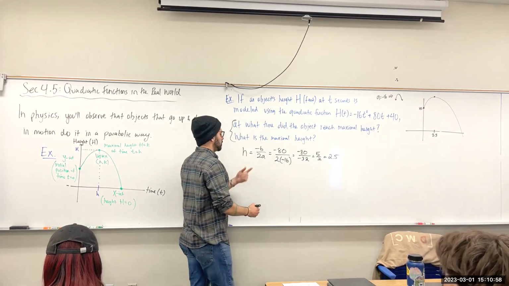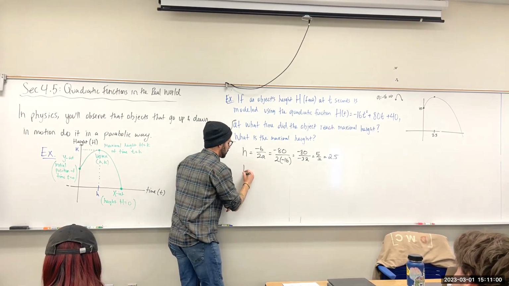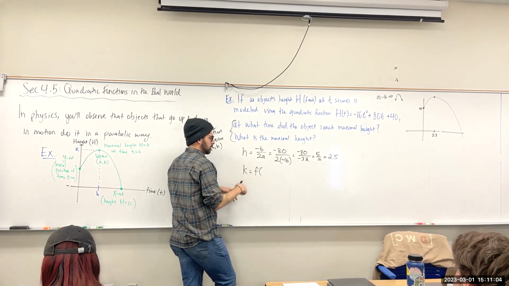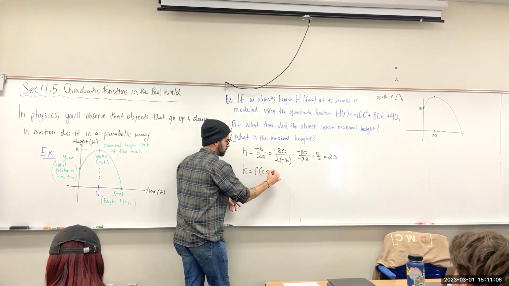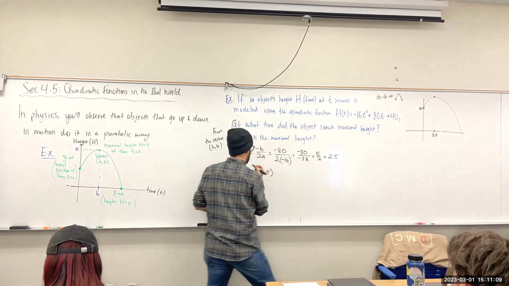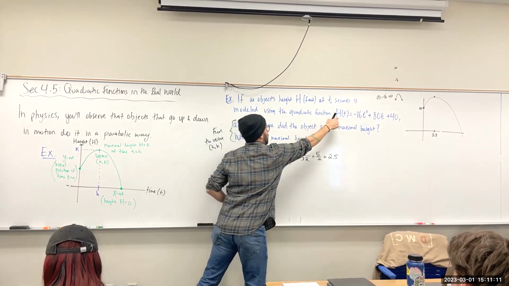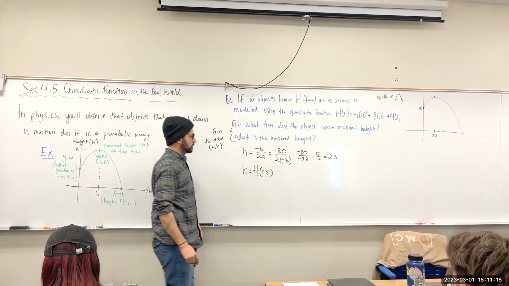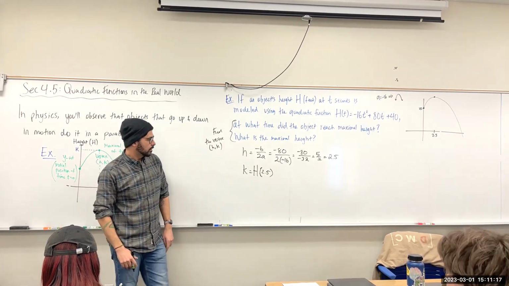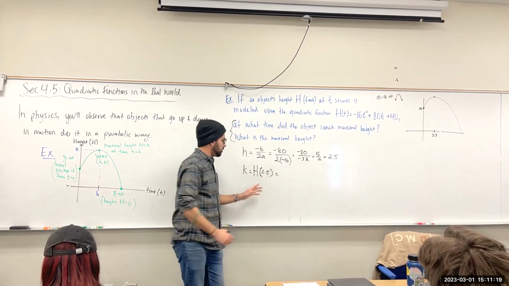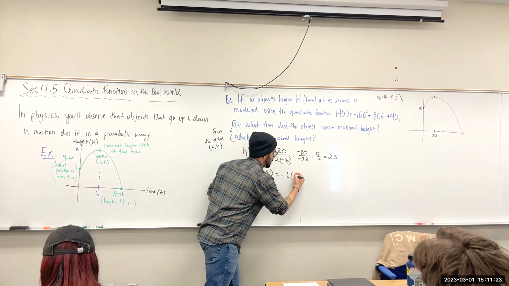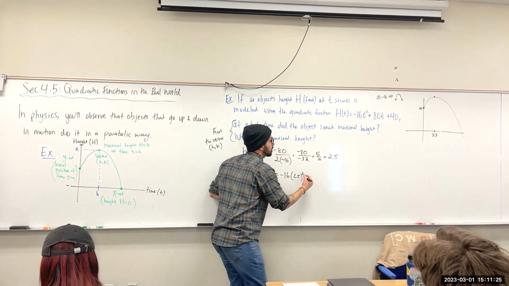Now we need to answer the second question, which is k. What do we have to plug in? 2.5 into our function, here it's called H. So you have to plug in 2.5. Let's see, negative 16 times 2.5 squared.